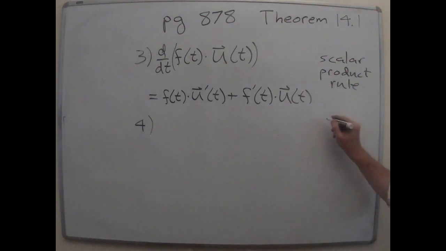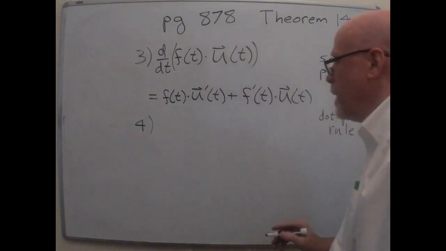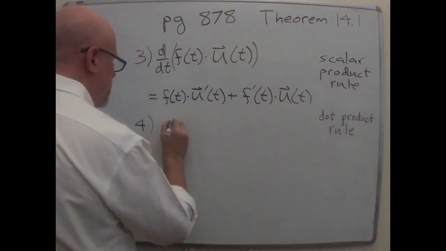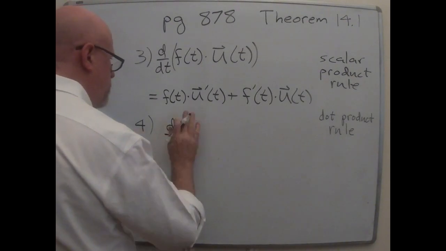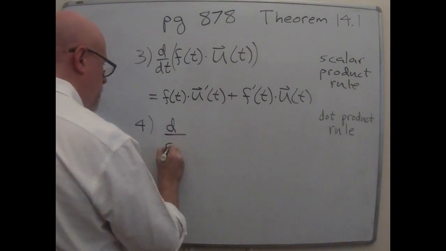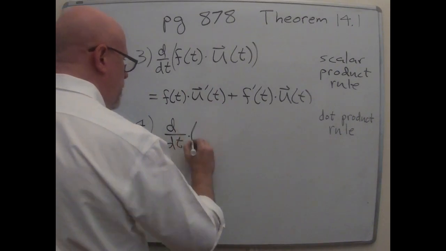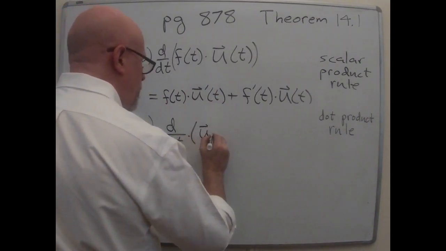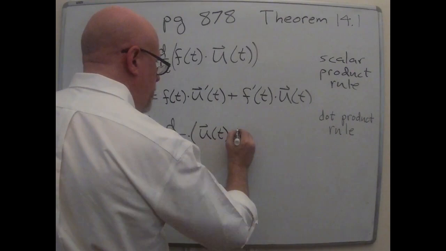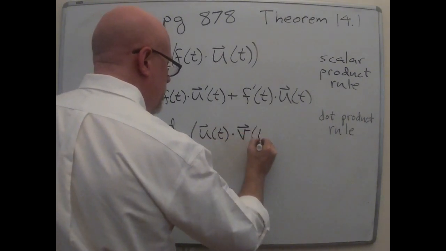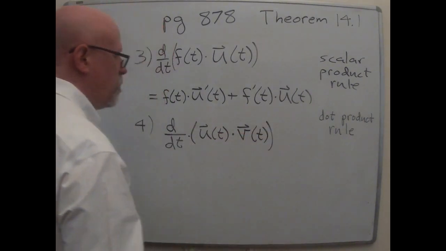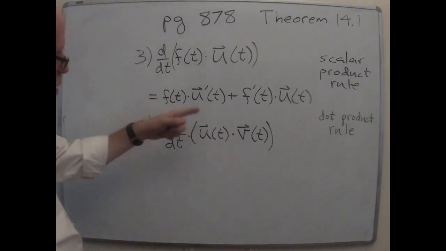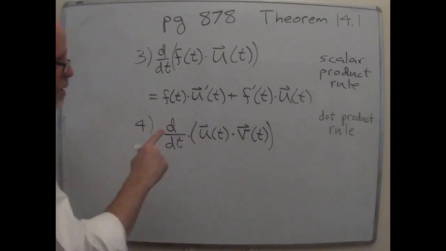So we can have the dot product rule, and that looks like this. You're taking the time derivative of a dot product of u of t dotted with v of t. But don't sweat it. You just do the first times the derivative of the second plus the derivative of the first times the second.